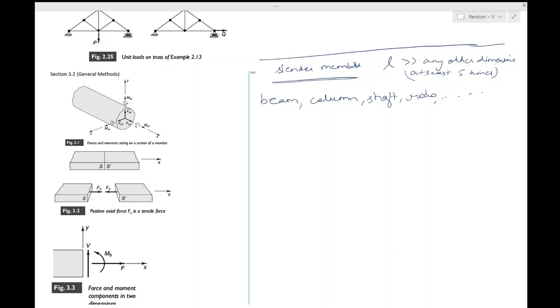Okay, so in the previous, there are many other things which you can do with a slender member. You can pull or push. I am not writing them separately because they are actually the same thing. Okay, they can be bent, you know what bending is, or they can be twisted.